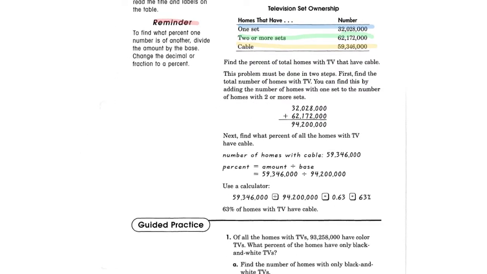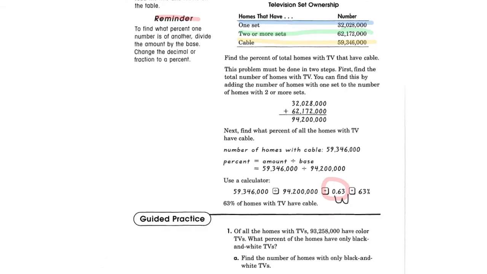When you do this problem on a calculator and you hit the equal sign, you get 63 hundredths, or 0.63. And if you remember to find percents from decimals, you move it 2 places to the right. So it becomes 63%. So 63% of the homes with TV have cable.